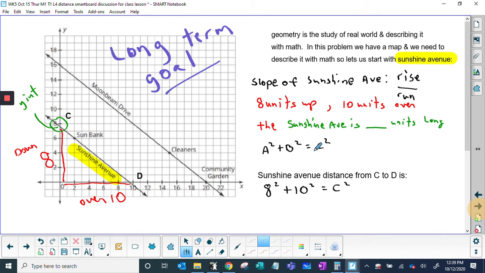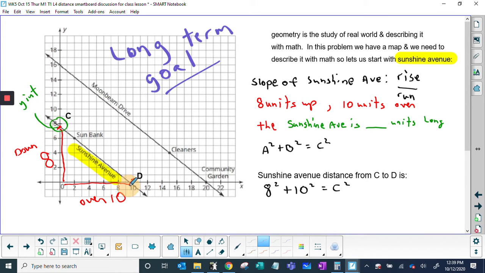So the very first one, I want you to realize our long-term goal. Long-term, we want to describe the real world mathematically. And when they build roads, they need to know how long that road is.